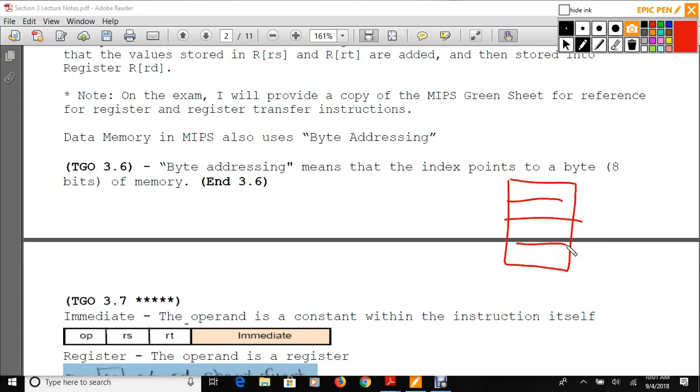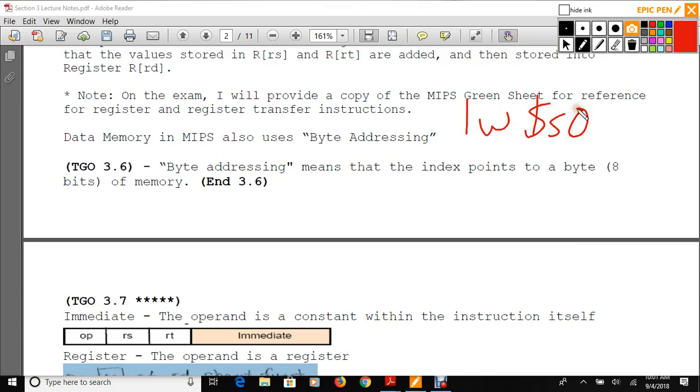So let's say I'm doing this load word instruction that I was telling you about before. This is an example of a load word, say 8(S1). So what does that instruction mean? This comes off of the MIPS green sheet again. Load word is an I-type instruction since it's a data transfer instruction.